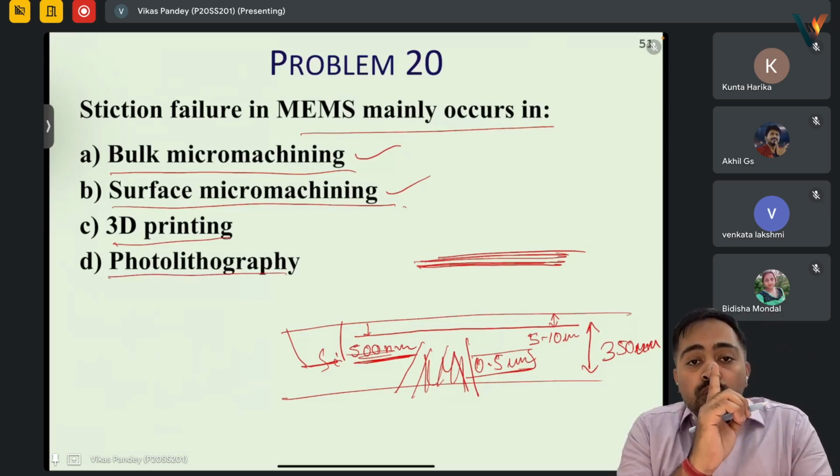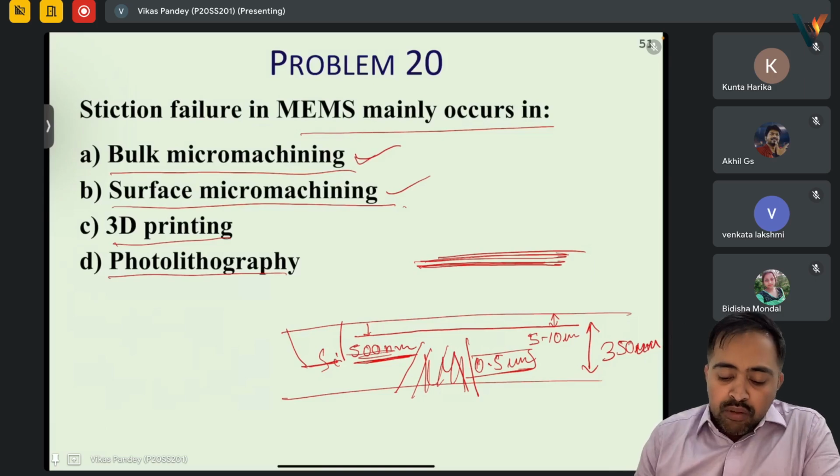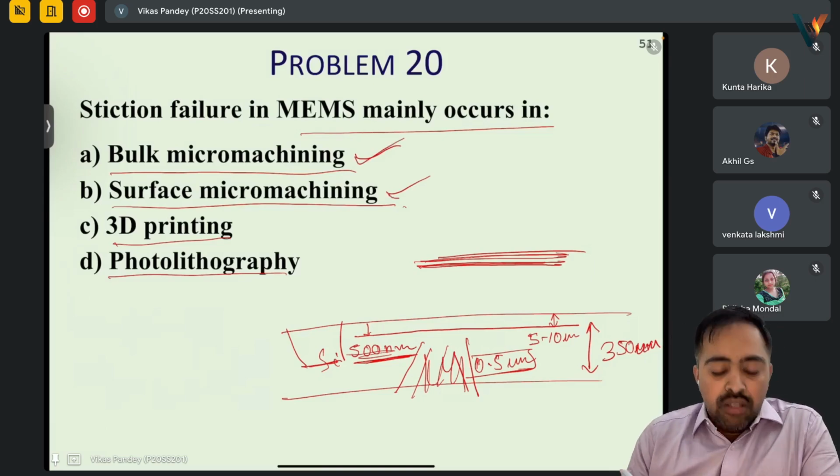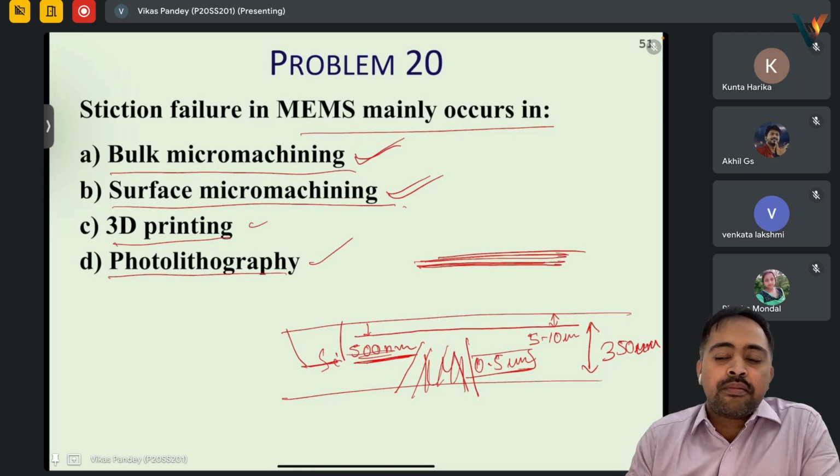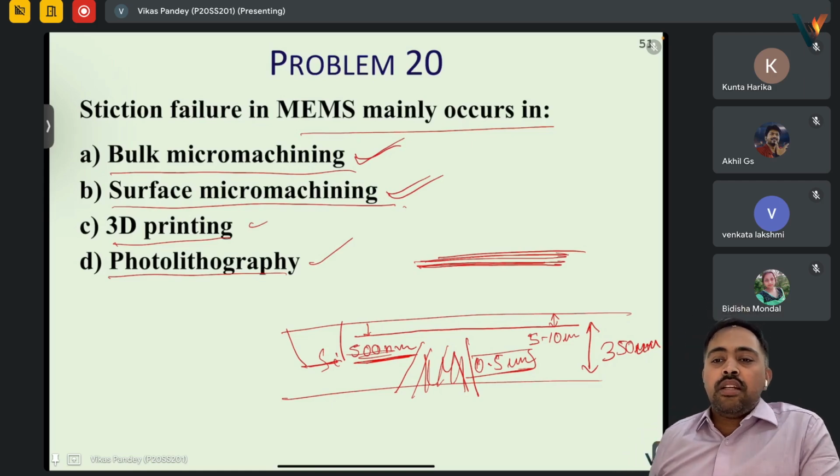So in what part can stiction failure occur? Bulk micromachining or surface micromachining, 3D printing or photolithography? Yes, any answers? This is the last question, at least answer this. Yes, anyone?